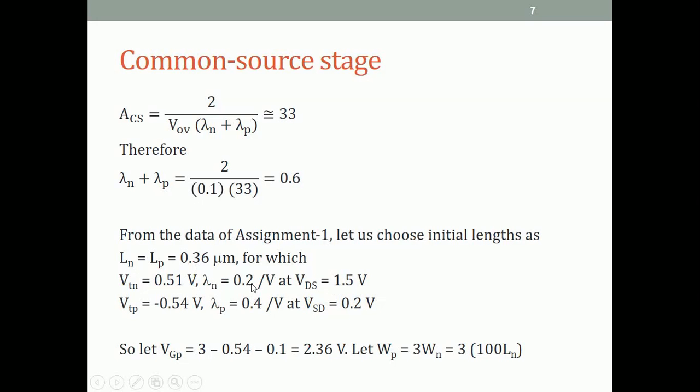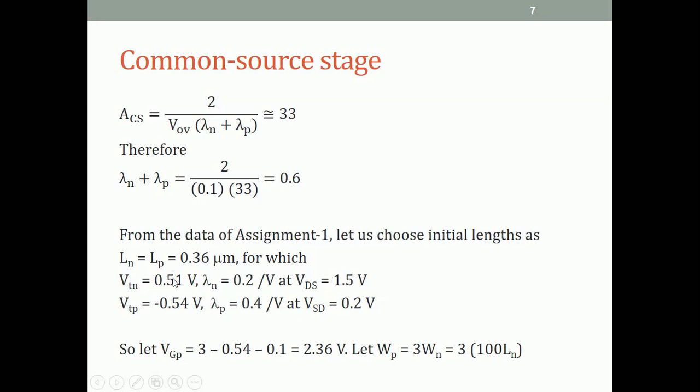But this lambda is 0.2, and for the PMOS at VDS of 0.2 volts, the lambda is about 0.4. In fact, this is also not there in the table. I had to find it because we did not do drain source voltage of 0.2 volts in our table.